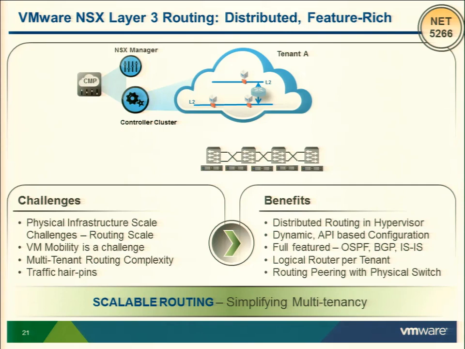So that's one element of it. The natural question is, what else? We can also interface with physical routers and leverage traditional protocols like OSPF, BGP, ISIS, and do route protocol advertisements to the physical world. This gives you the flexibility that we talked about for IP addressing. Because in large enterprises, people don't like NAT. They don't like private IP addressing.